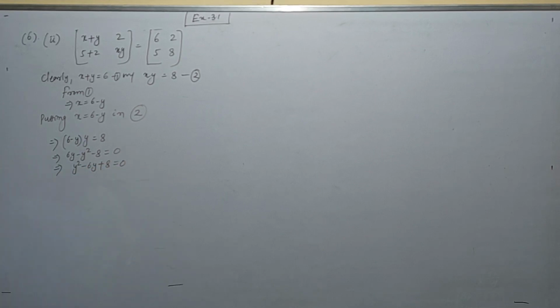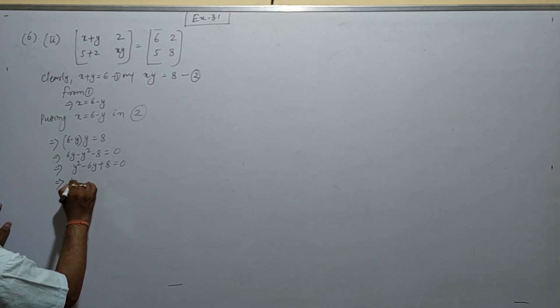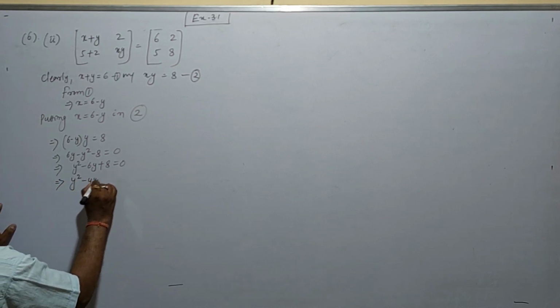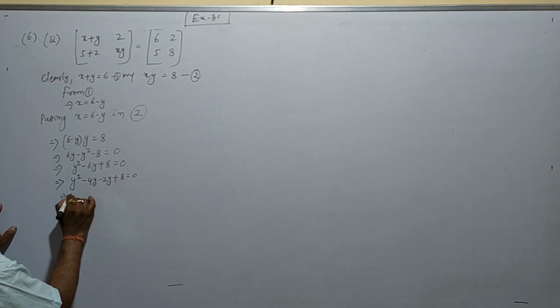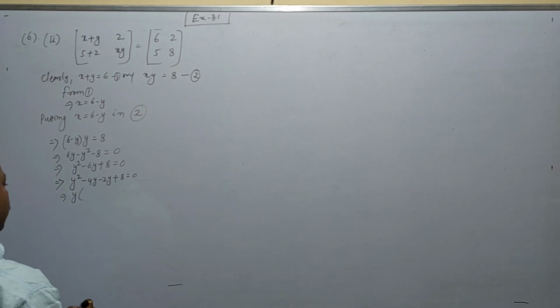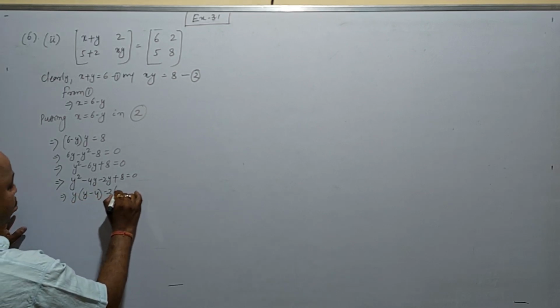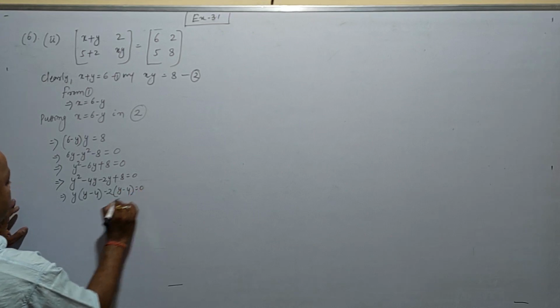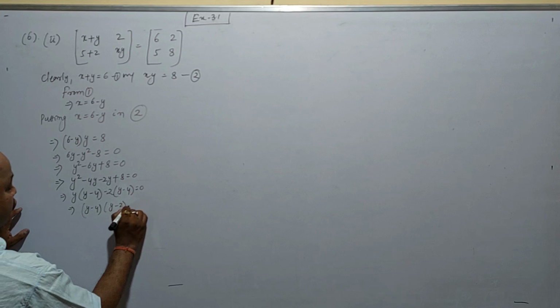Students, you already know from 9th and 10th class how to solve a quadratic equation using the splitting the middle term method. So using the splitting the middle term method, it is y square minus 4y minus 2y plus 8 equal to 0. From the first two terms we take y common, it is y minus 4, and from the second two we take minus 2 common, it is y minus 4. Now it is (y minus 4) into (y minus 2).